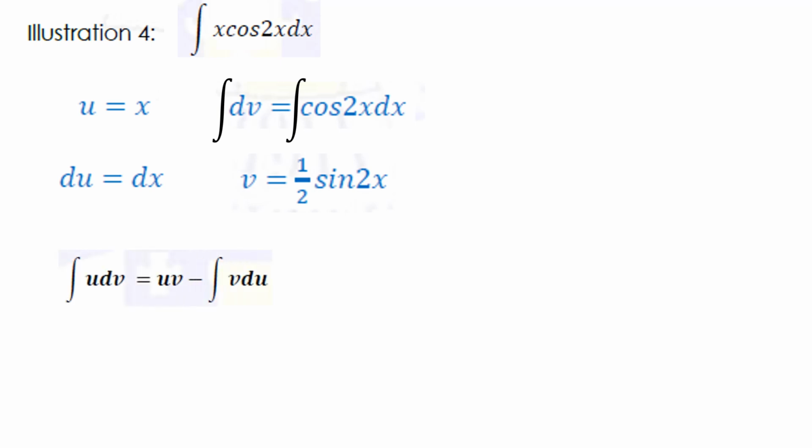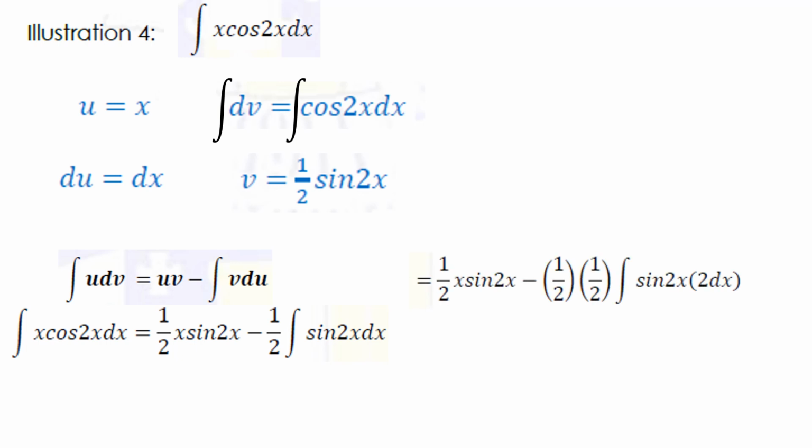Using the IBP formula, uv is actually 1/2 x sine 2x. The integral of v du is actually 1/2 sine 2x times dx. So, if we simplify it further, we get 1/2 x sine 2x minus 1/2 times 1/2 of the integral of sine 2x times 2 dx.